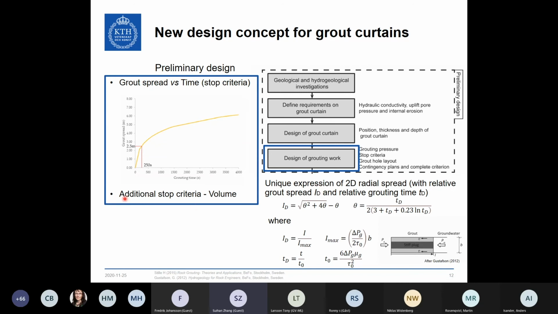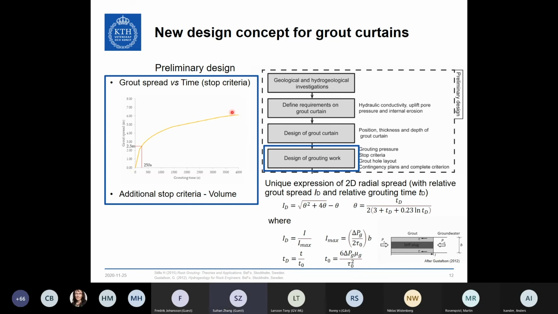And if we want an additional stop criteria, volume can also be calculated. Assuming 2D radial spread and with the aperture of the fracture, we can estimate the volume in each grouting run.